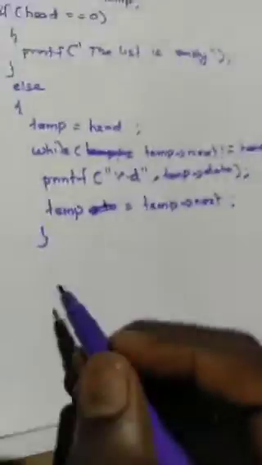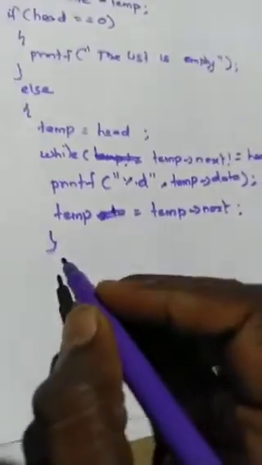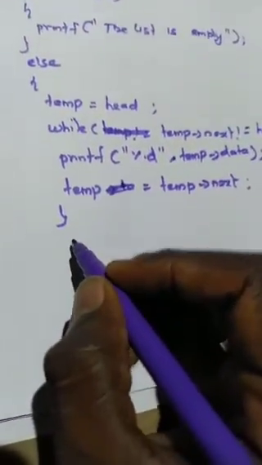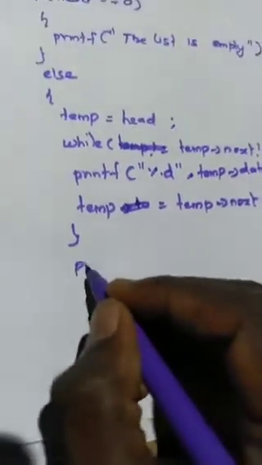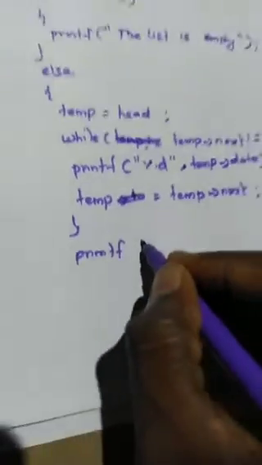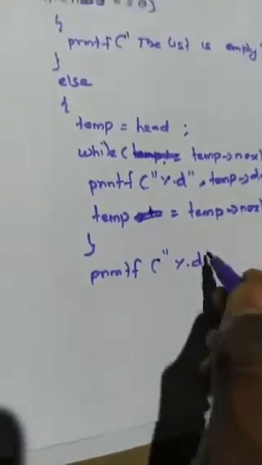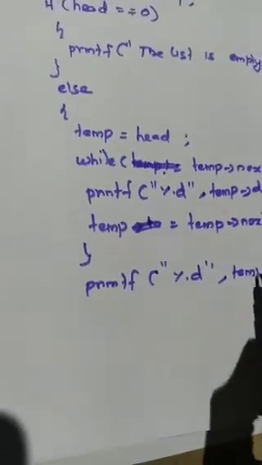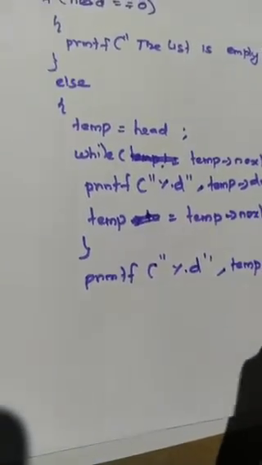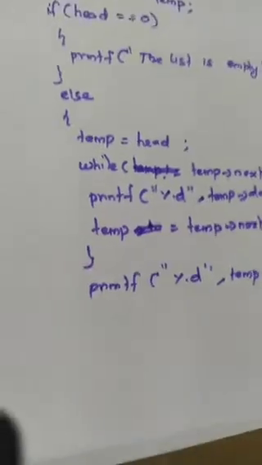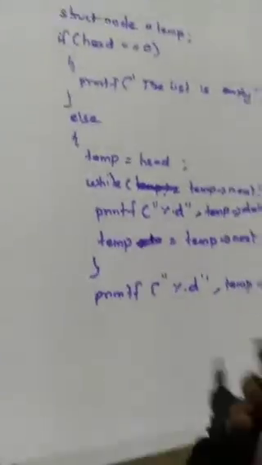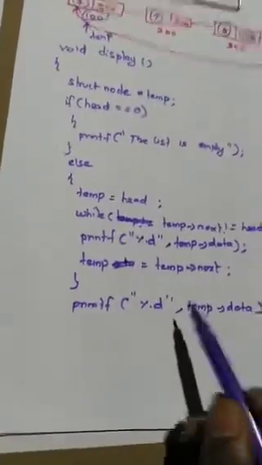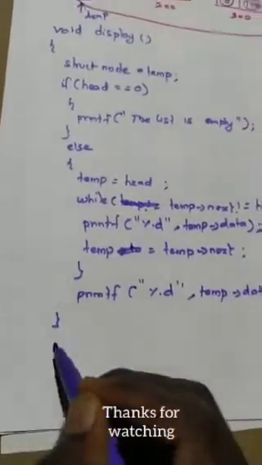For that I have to write one separate print statement, printf %d temp data, for printing the last node. So it's one of the methods for displaying the data in the list.